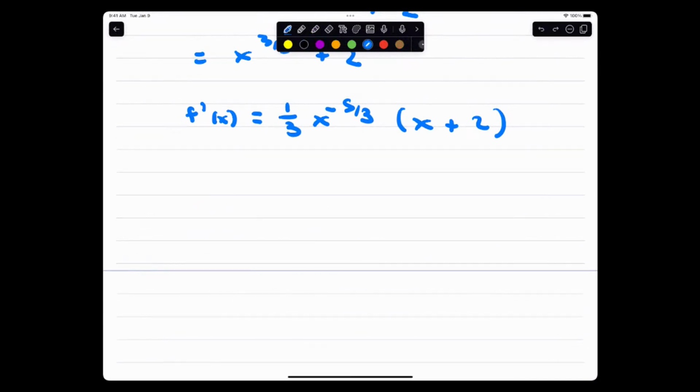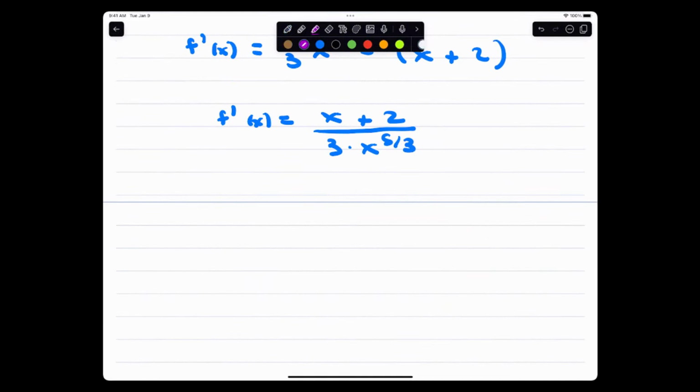Well, what do we simplify that as? That derivative is going to be x plus 2 over 3 times x to the 5/3 power. And if you want to go further in that video, you say, can you simplify the power? Yeah, that's a mixed number.